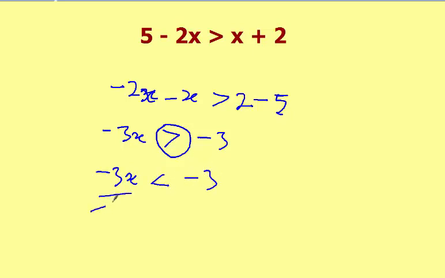Let's divide here by negative 3 and do the same here. So this will cancel this off. So x is less than 1. Good.